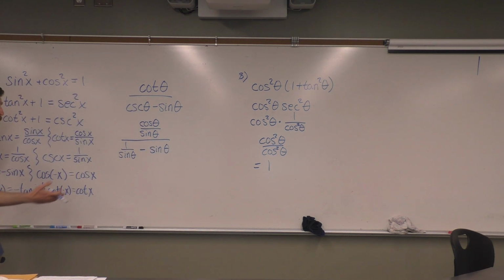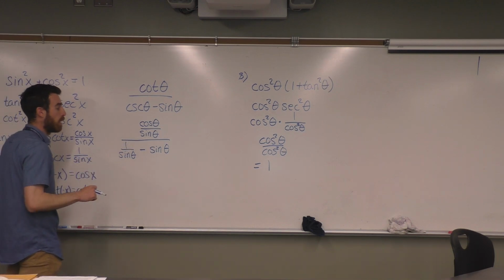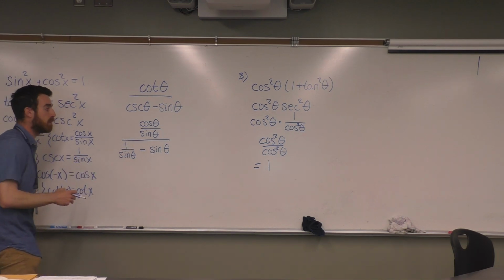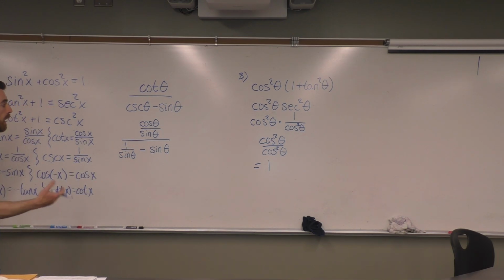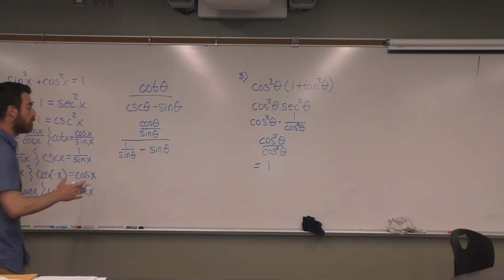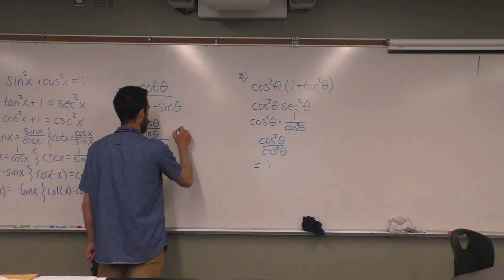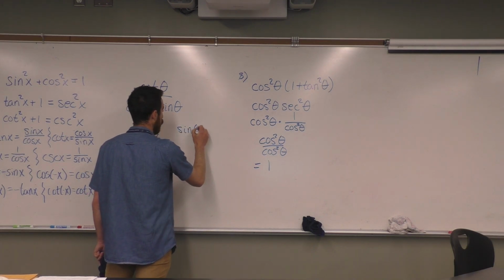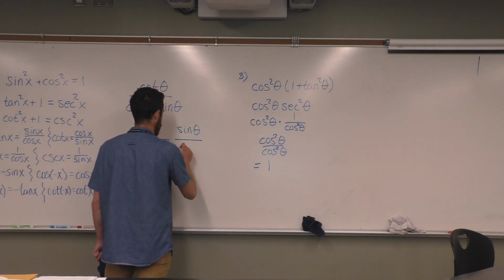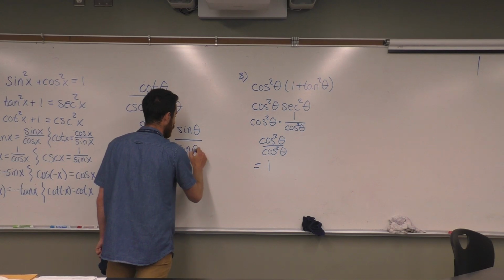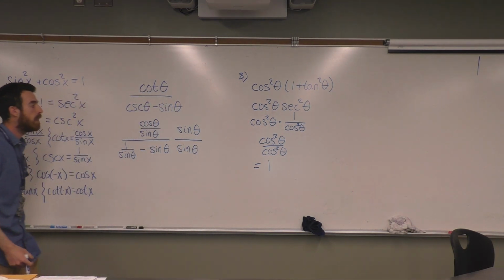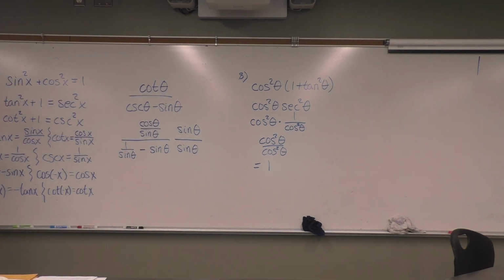Now, I have a compound fraction. Even in rational expressions and even in algebra, we might want to eliminate these denominators by multiplying them by something. And so I'm only allowed to do things to an expression in simplification or verifying that do not change the value of that expression.